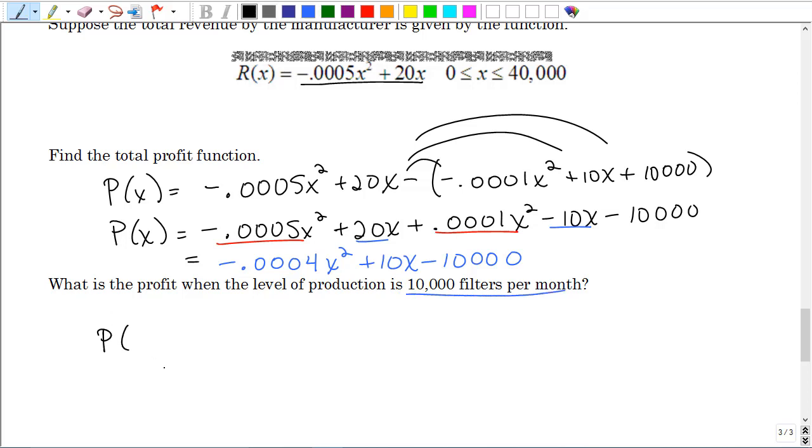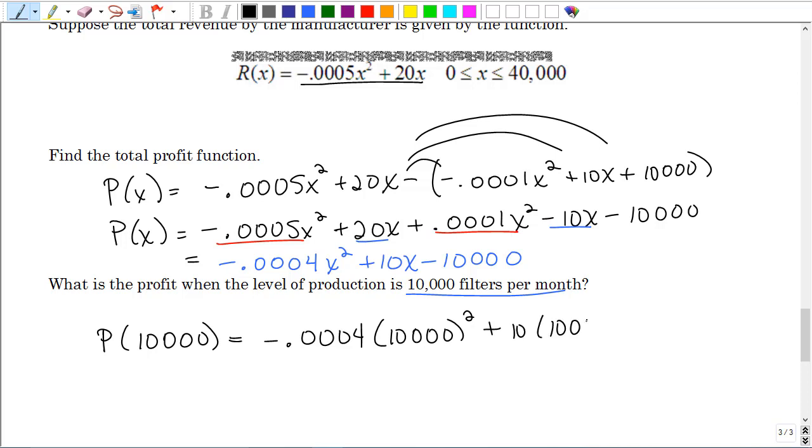So what is the profit when the level of production is 10,000 filters per month? So that means I want to evaluate my profit at 10,000. Okay, so again, calculator comes in handy. So I'm going to reach for mine and I'm going to plug that part in. That's going to be negative 40,000.